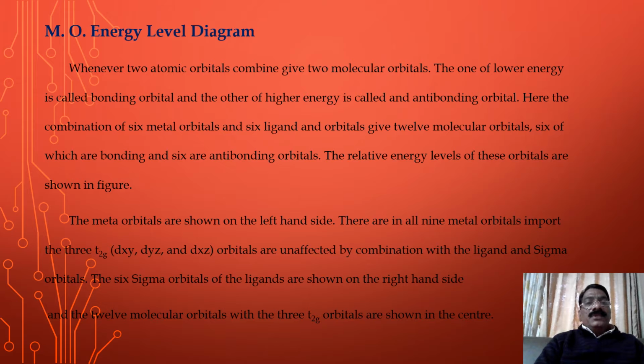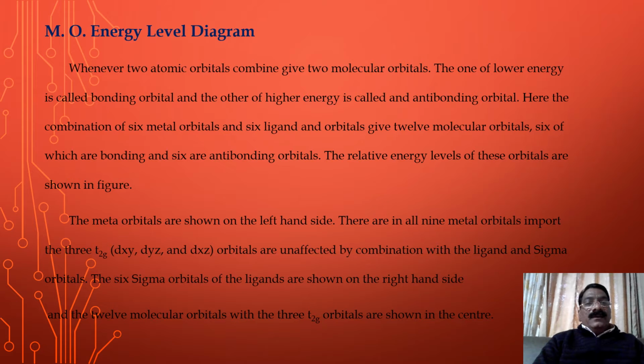Here the combination of 6 metal orbitals and 6 ligand orbitals gives 12 molecular orbitals, 6 of which are bonding and 6 are antibonding orbitals. The relative energy levels of these orbitals are shown in the figure.